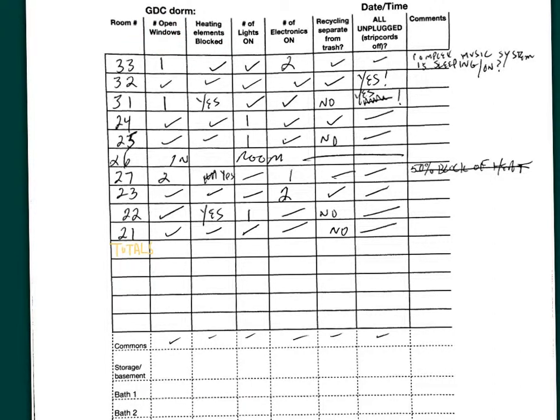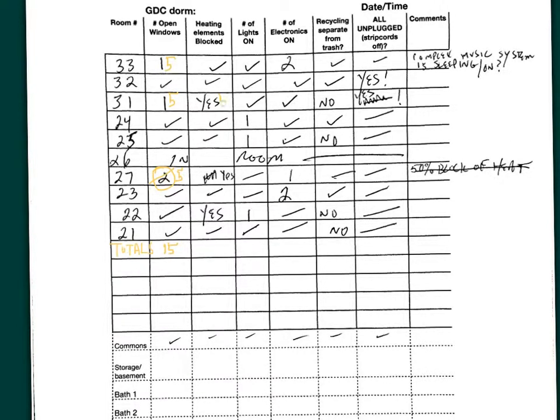Windows, heating elements, and recycling bring down the efforts of our school as a whole system to reduce our energy footprint and the amount of pollution we put out on the planet. So if we do the math, noting that this one is not going to be worth 2, it's just going to be 1 five-pointer. So each of these is worth 5 points, and that becomes 15.